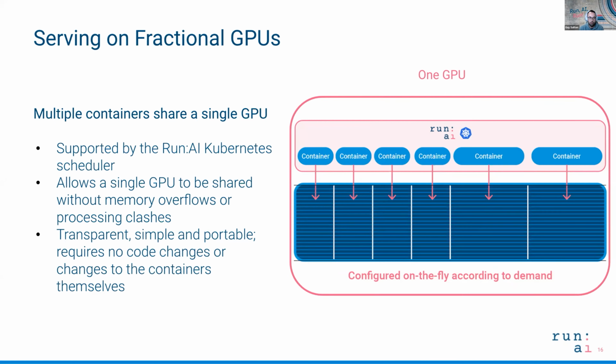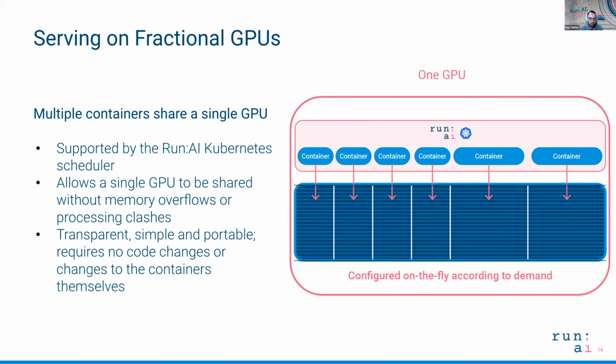So what we did in Run AI is we built and embedded this capability into our scheduler. We built this technology that allows you to run multiple containers on the same GPU. And this can run on any type of GPU, even older GPUs, consumer GPUs, any GPU that has CUDA support.